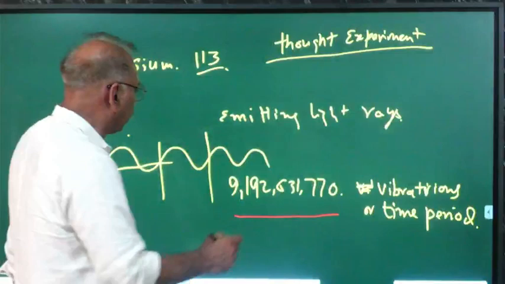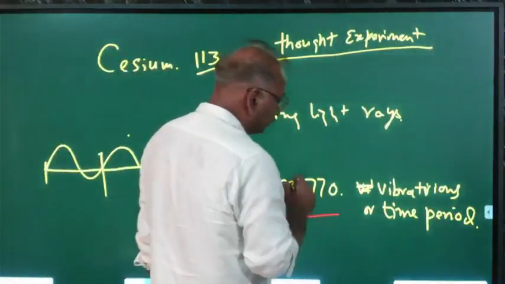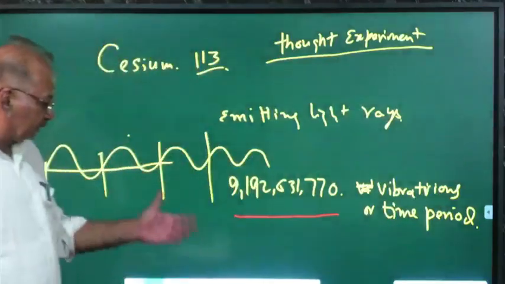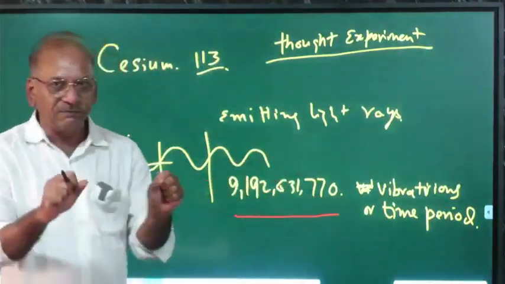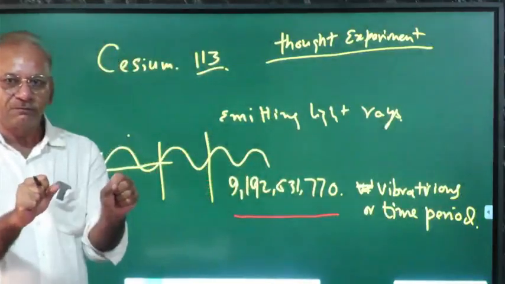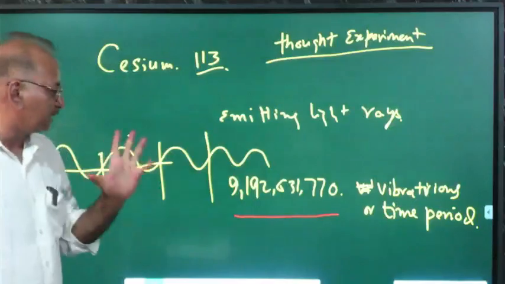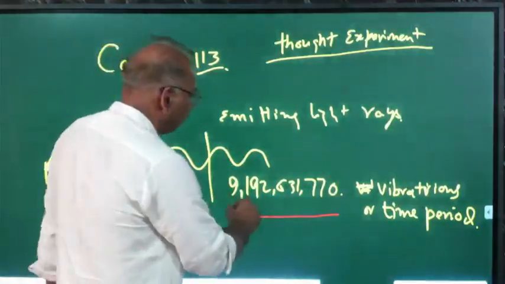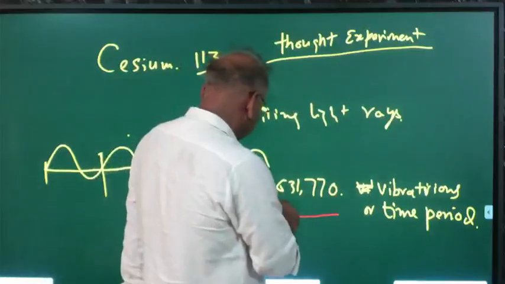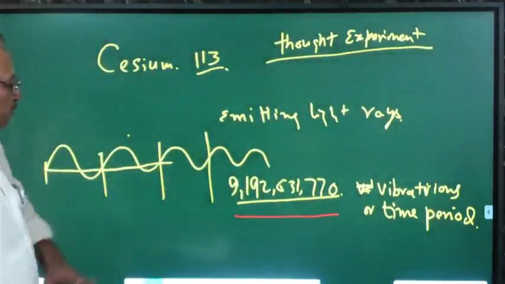Then if we count such an amount of vibrations, whatever time we are counting will amount to 1 second. It means in 1 second, the light ray will vibrate such a number of time periods.